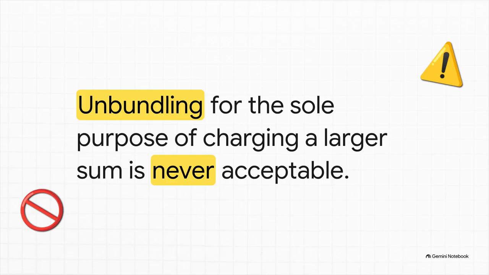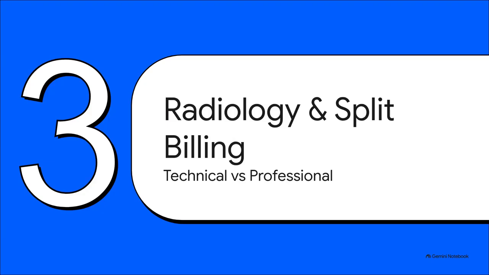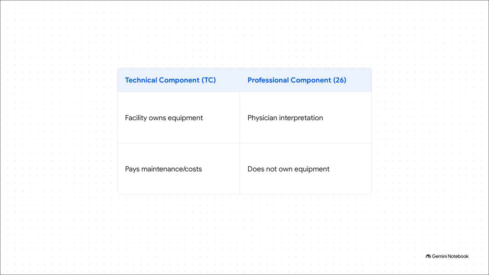Doing this intentionally triggers audits, payers will demand repayment with interest, and it can even result in the provider's contract being immediately terminated. Let's move to Section 3, radiology and split billing. So imagine a standard X-ray done at an independent facility. Split billing actually divides this service into two distinct parts.